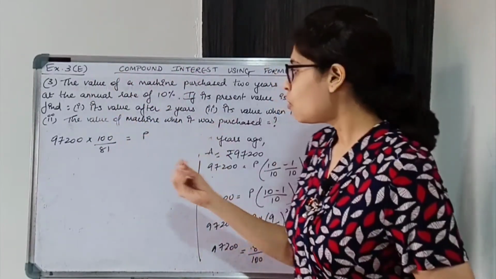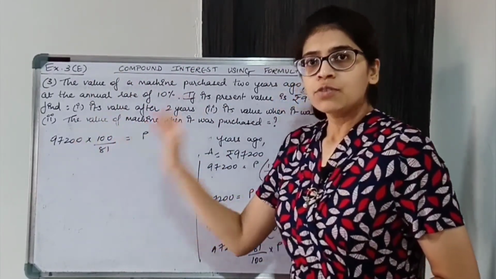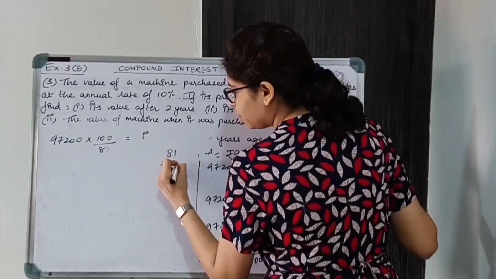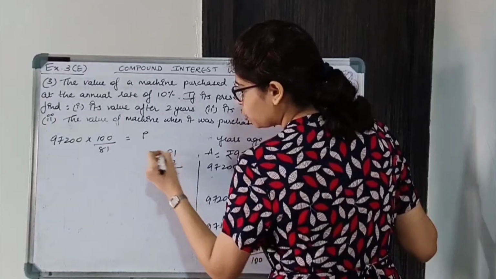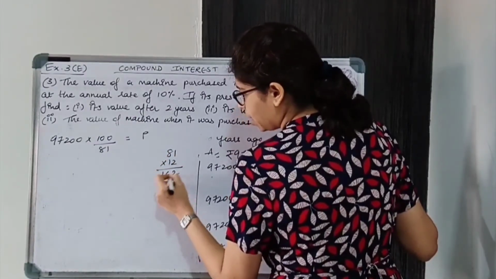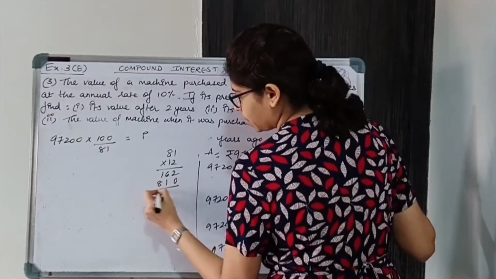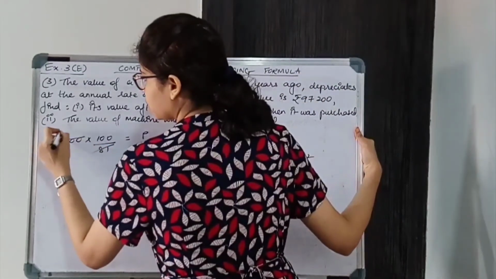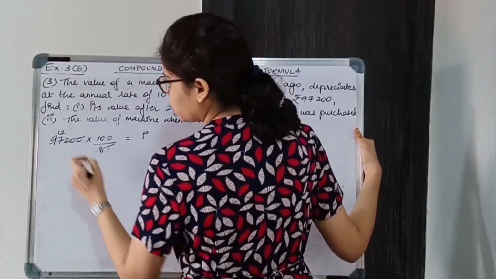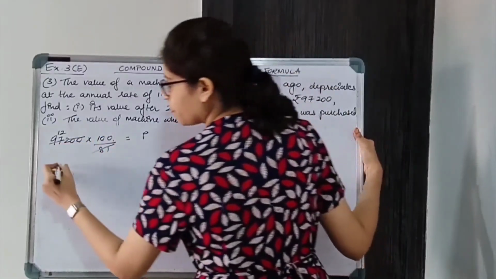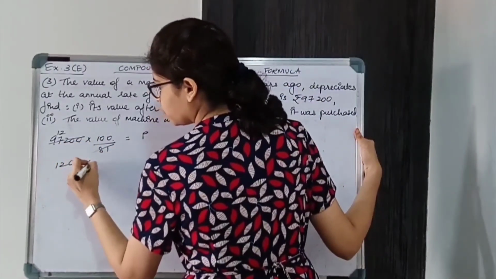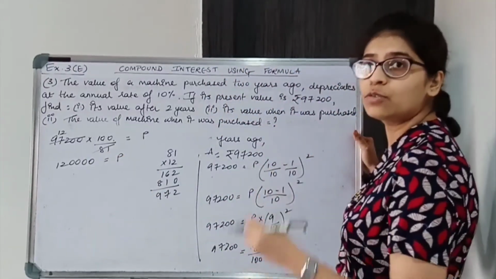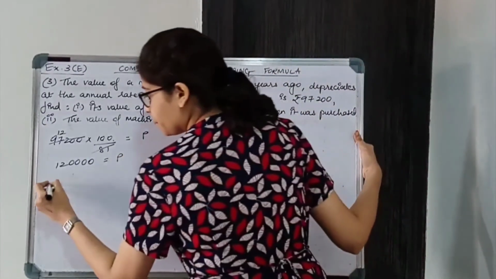So 81 into 12 we will try out. 2 ones are 2, 2 8s are 16, and here 1 8. So we are getting 972. So 81, 12s are 972, and there are 4 zeros. So 1,20,000 is its value 2 years ago.